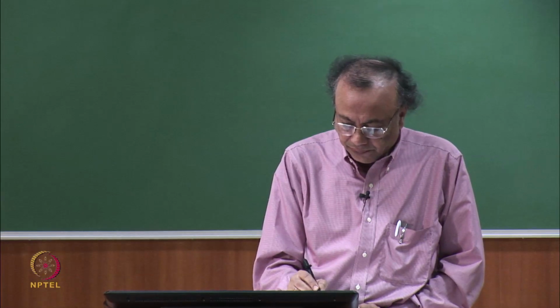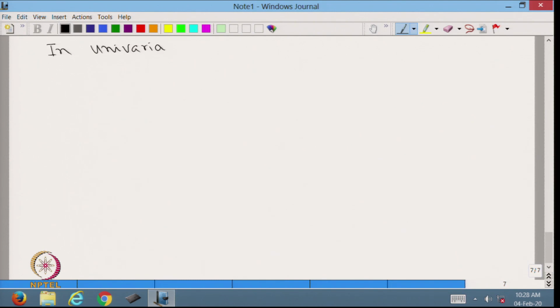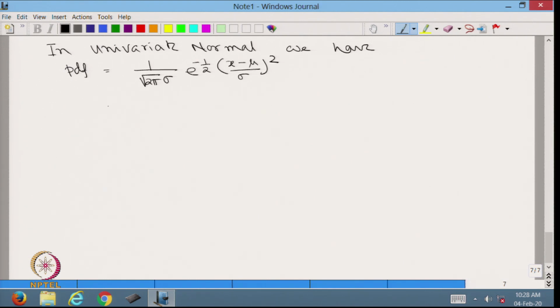Now, in univariate normal, we have PDF is equal to 1 over root over 2 pi sigma e to the power minus half x minus mu by sigma whole square, which is equal to, let us write it as, 1 over root over 2 pi to the power 1, sigma square to the power minus half into e to the power minus half into x minus mu, sigma square to the power minus 1, into x minus mu.